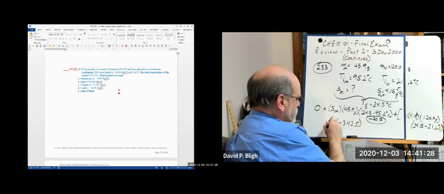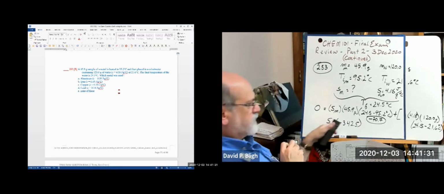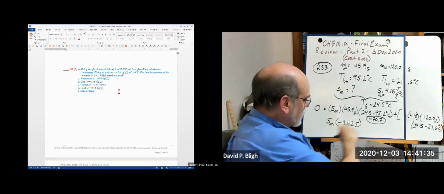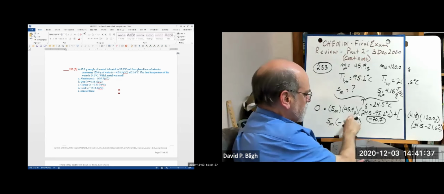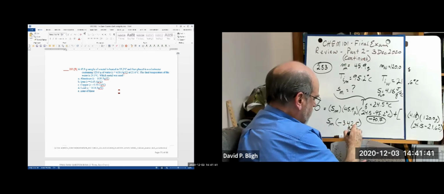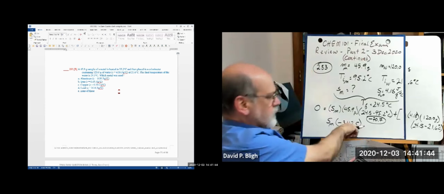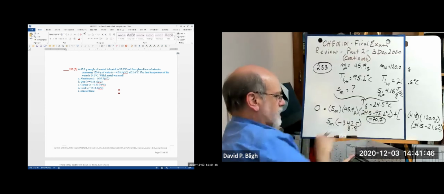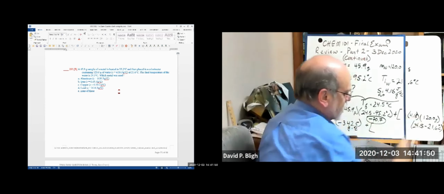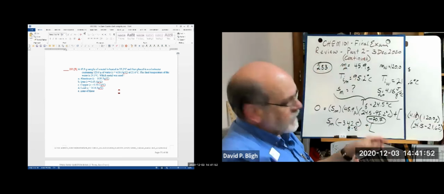And that's times its specific heat. Right? So this is going to be grams degrees centigrade, units for that one. Then we add what this one is. We can do that whole thing.